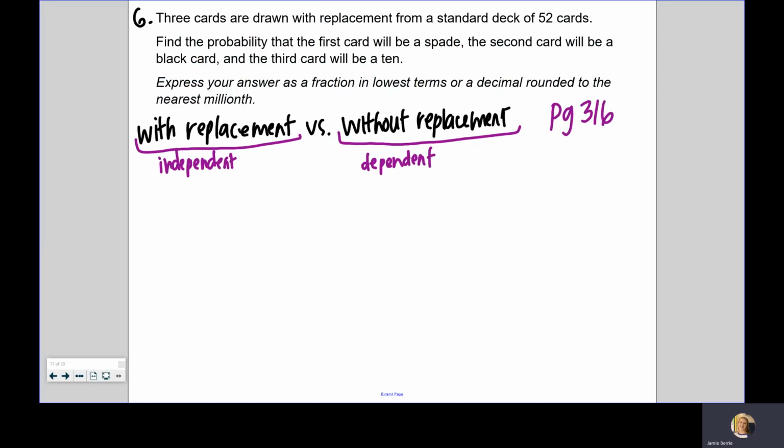All right, so let's find this probability. It says find the probability that the first card will be a spade, and the second card will be a black card, and the third card will be a 10. So let's write that out. Probability of a spade and a black card, and then we choose a 10.